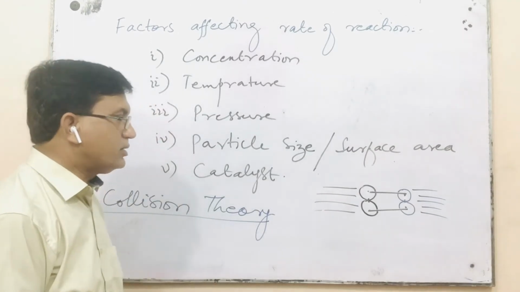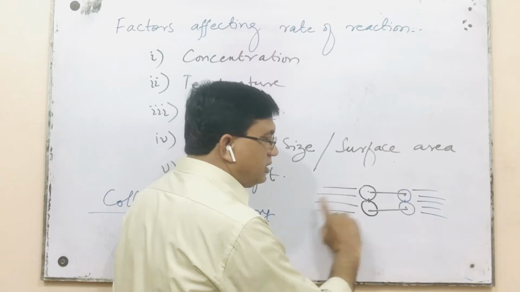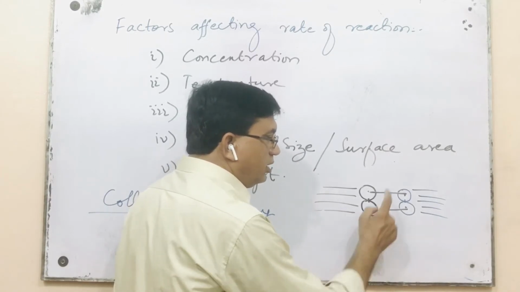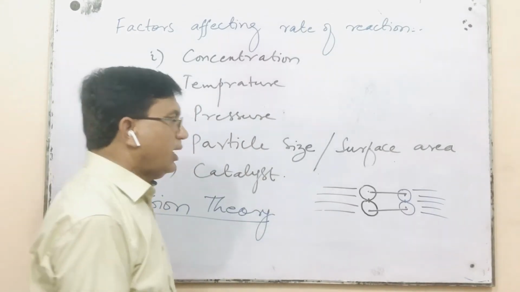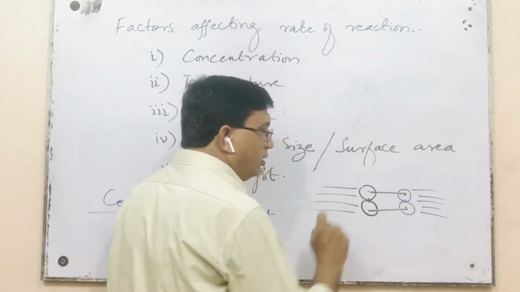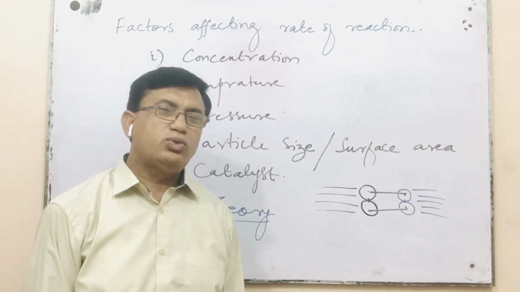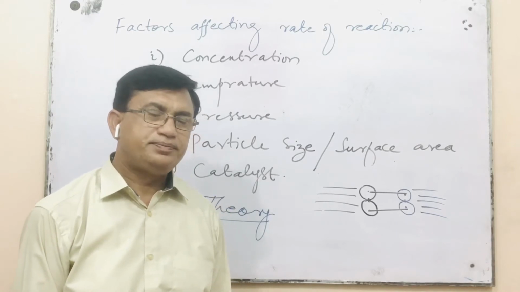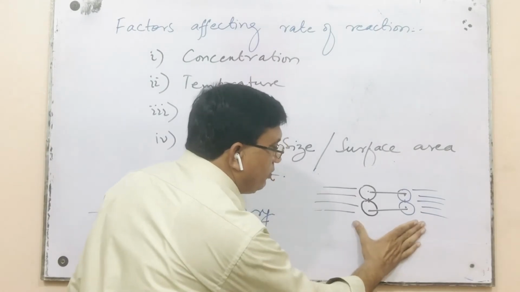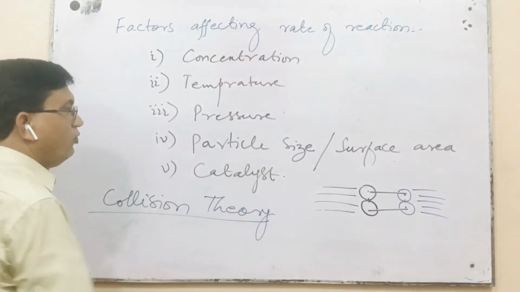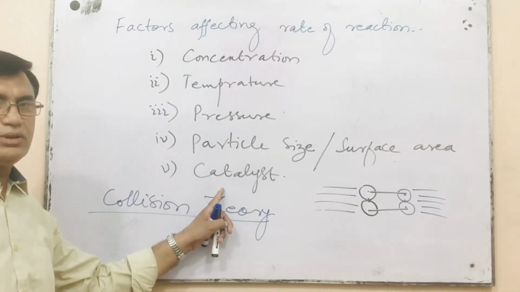The reaction will take place. Now, during this process, as a result of collision, the energy produced weakens the already present bonds of the reactant molecules and then develops the bonds between the reactant molecules, which leads to the production of products. This is the collision theory which is applicable in all of these 5 factors.